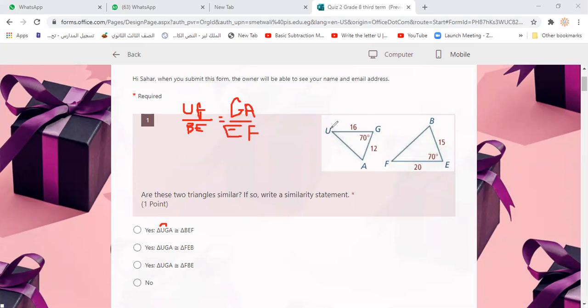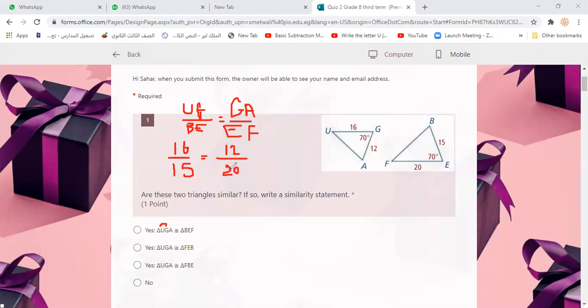Then we will start to substitute. UG equal 16 over BE, BE equal 15, equal GA 12 over EF equal 20.